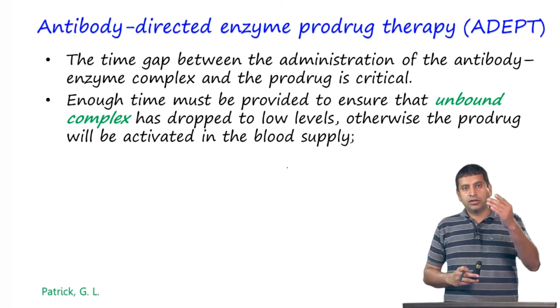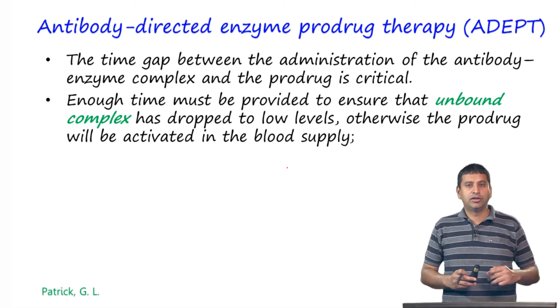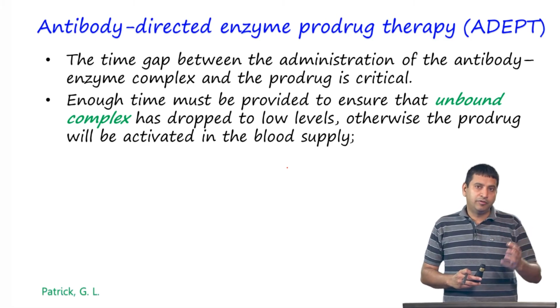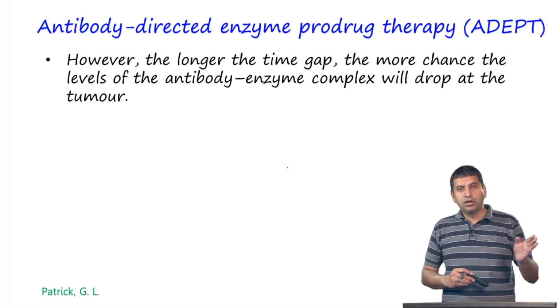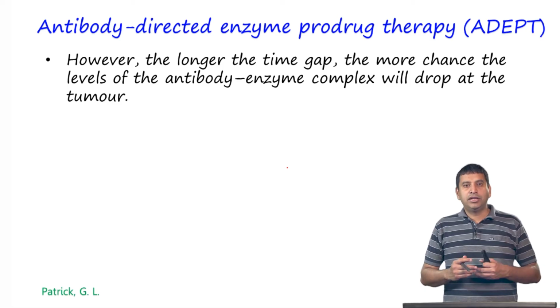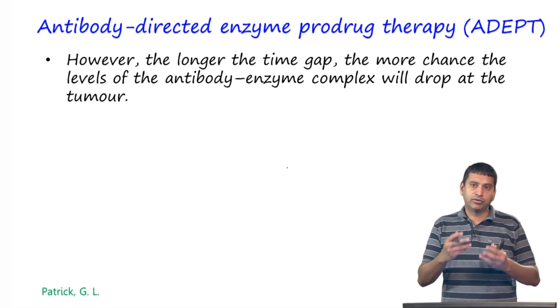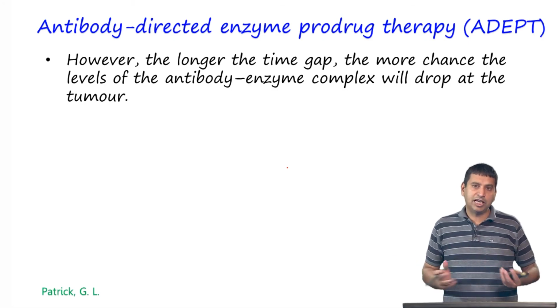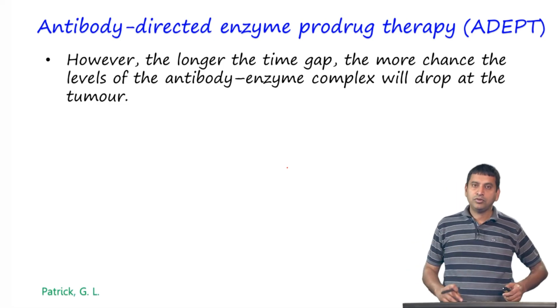Otherwise, as soon as you inject or consume the drug, it is going to get activated, and that defeats the purpose of using this therapy. Now, the longer the time that is given, the more chance that the levels of the antibody complex will drop at the tumor site also, because the tumor site is also perfectly capable of metabolizing these complexes.